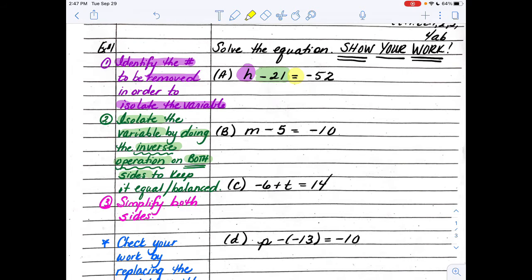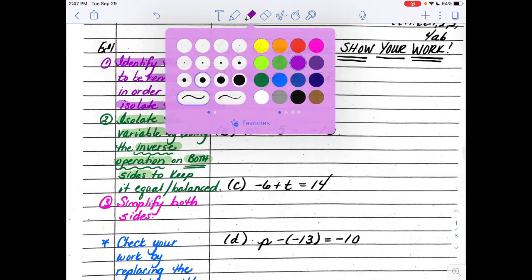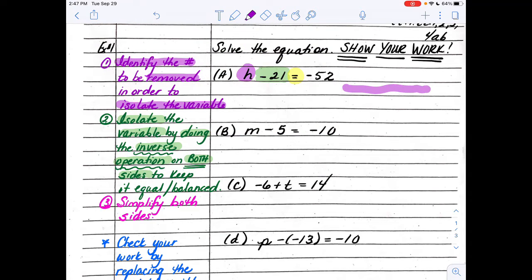They are exactly the same. And if I change one side, I have to do the exact same thing to the other side. Otherwise, that's no longer going to be a nice balanced line. It's going to be something that looks like this. And that's not what we want. We want to keep it nice and level and balanced.